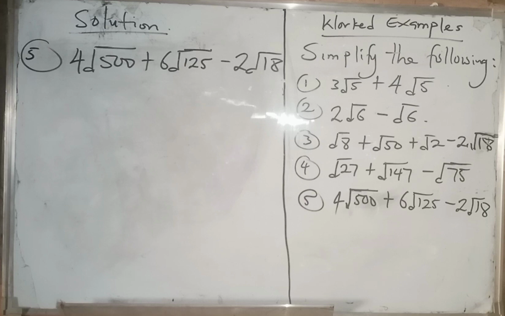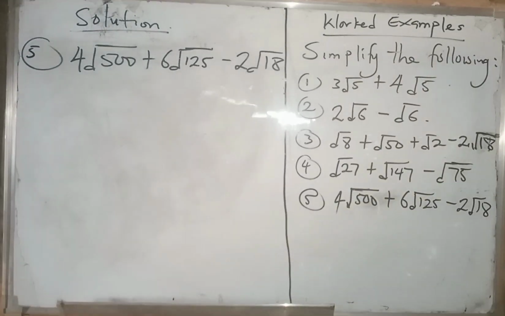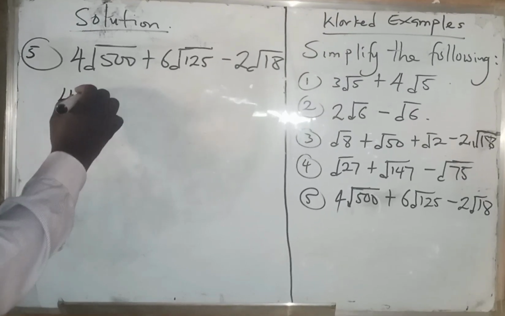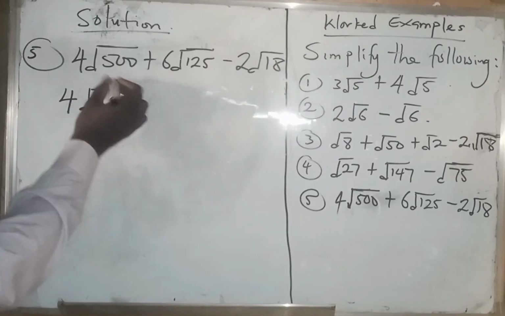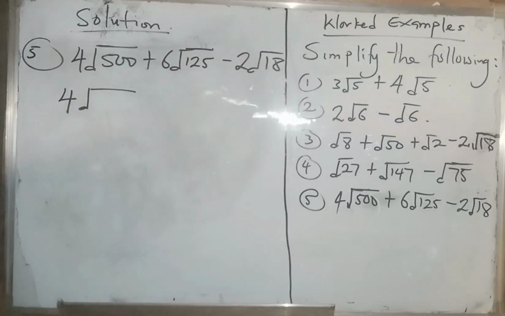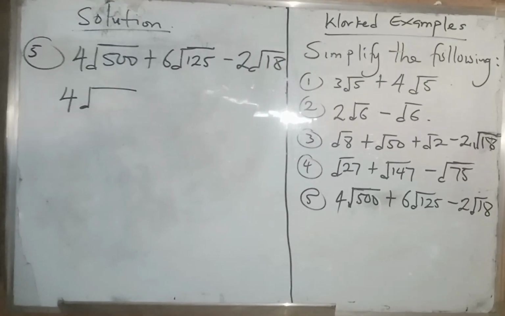Now, let's see how we can simplify this particular question as well. So we have 4 multiplied by root 500. We'll get a perfect square that can multiply by a whole number to give us 500.